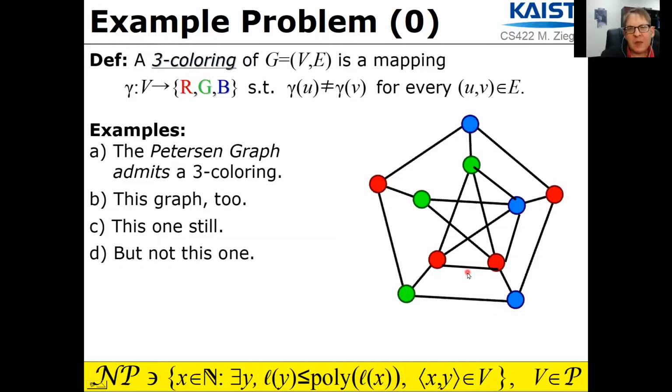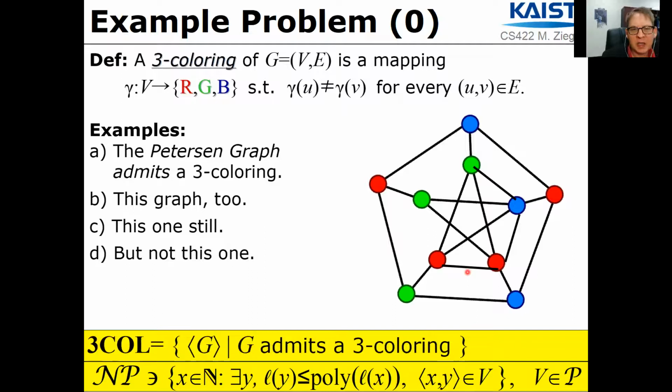So, summary: the property of being three colorable is a non-trivial property. Some graphs can be 3-colored and other graphs cannot. And thus it constitutes an interesting decision problem whose computational complexity is worthwhile investigating.